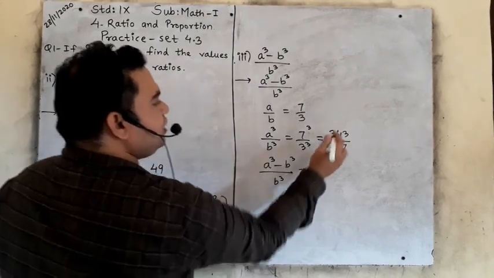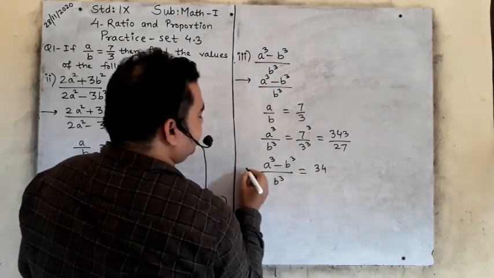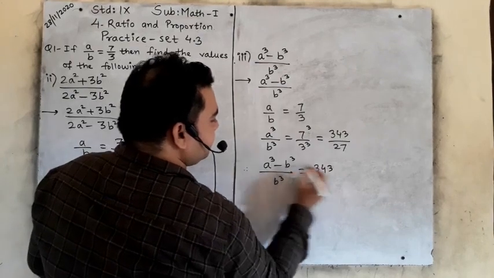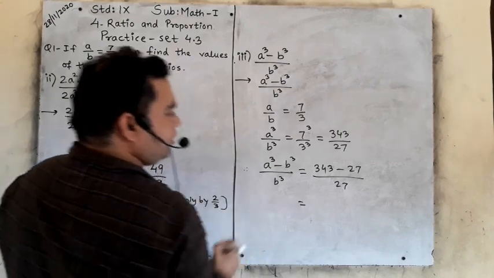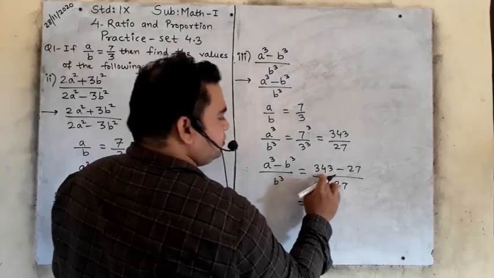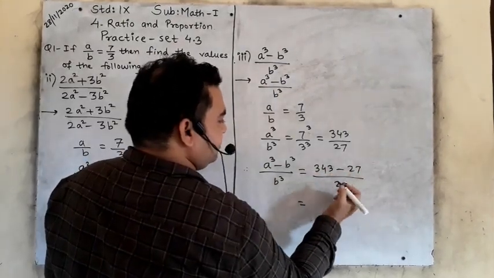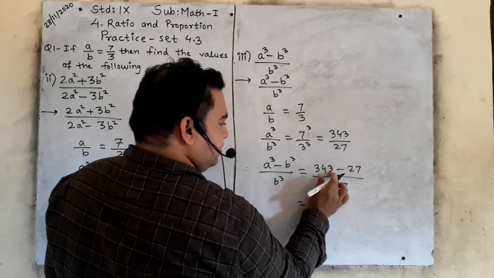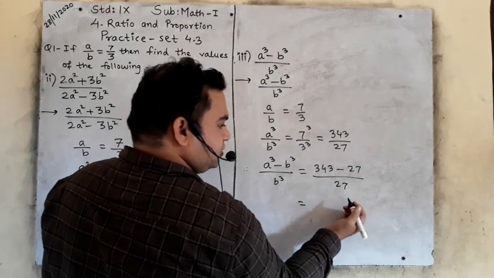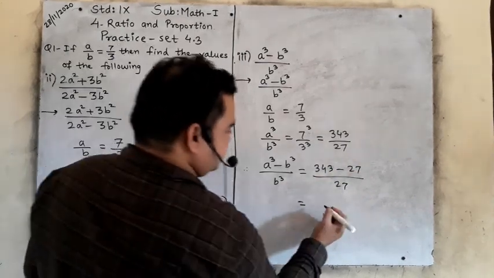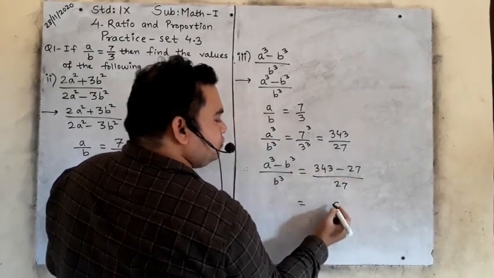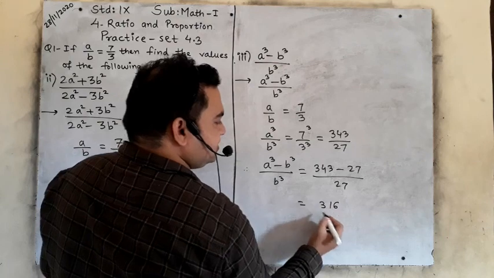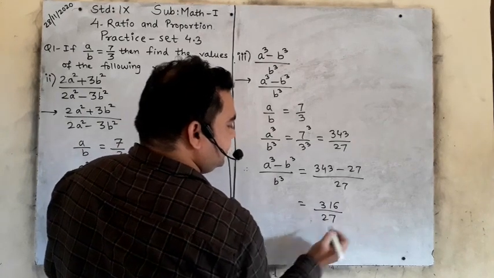So a cube value is how much? 343. 343 minus 27 upon 27. So now 343 minus 27, you can subtract it. 13 minus 7, how much? 6. Now 3 minus 2 is 1, and it is 316 upon 27.